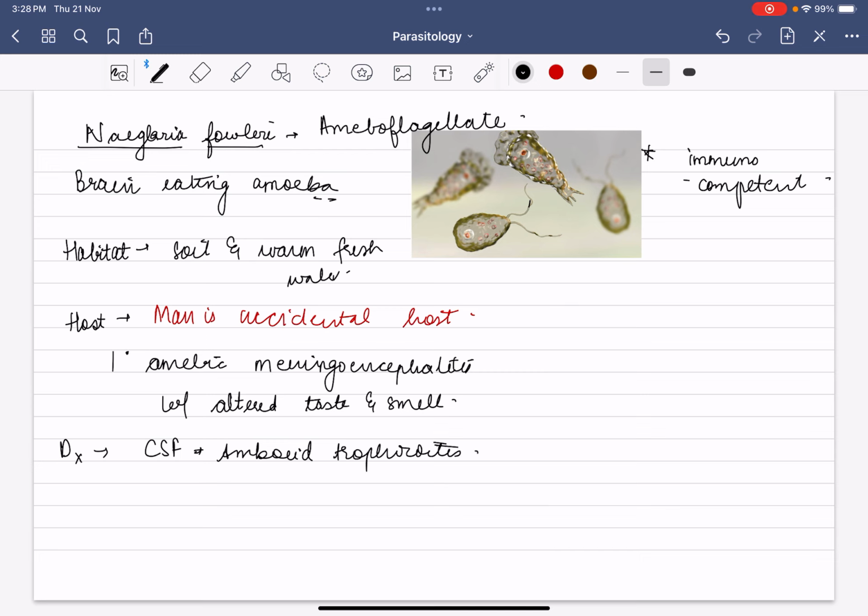Cultivation we have non-nutrient agar with lawn culture of E. coli, and most sensitive one is your molecular methods.